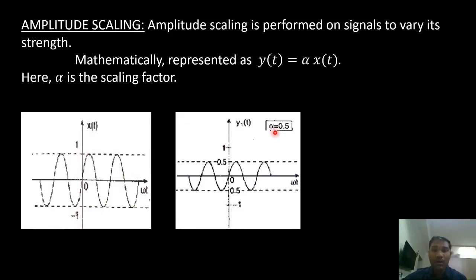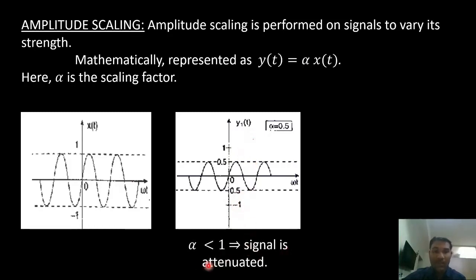Now I am multiplying it with a multiplicative factor. This is the scaling factor alpha. If it is less than 1, I am reducing the size. If it is greater than 1, I am increasing the size.